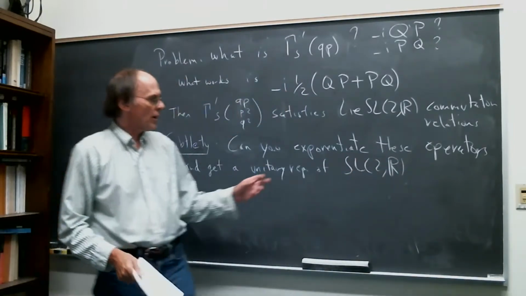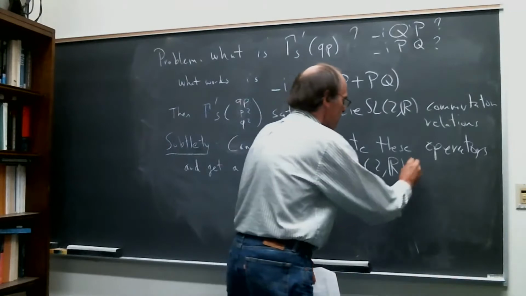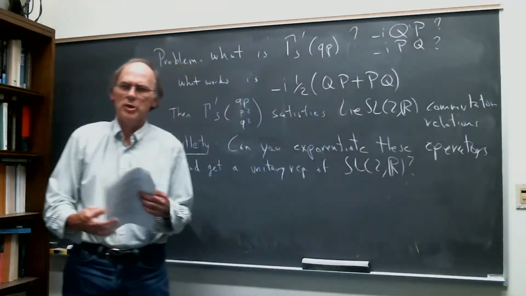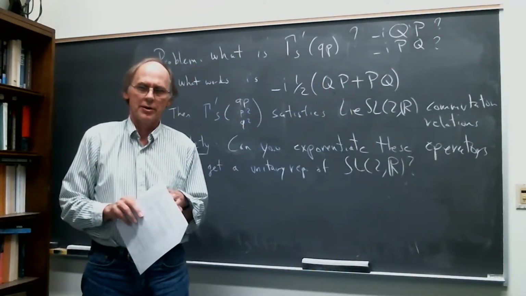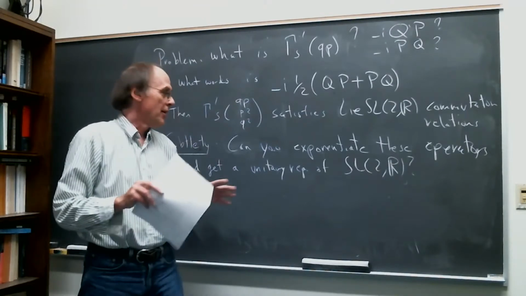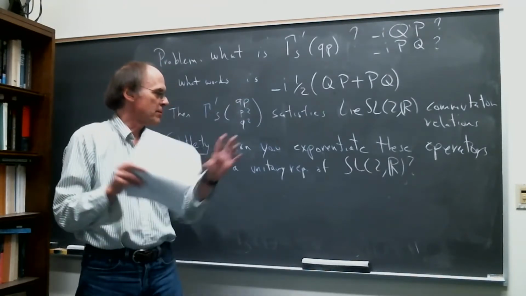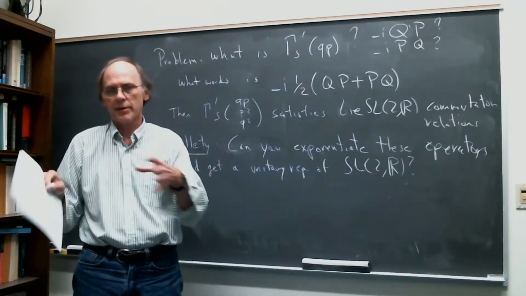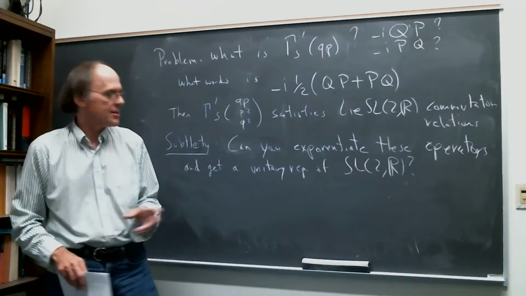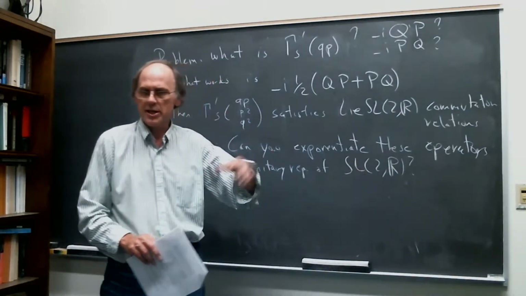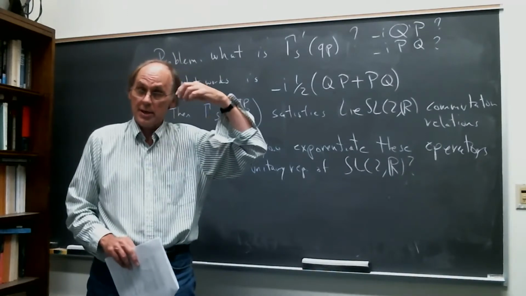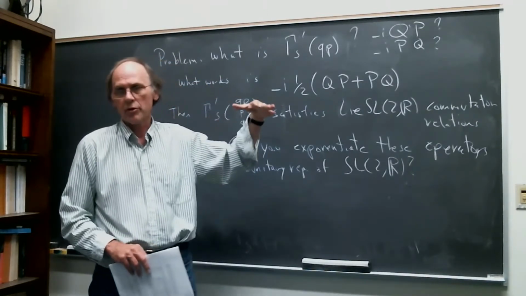So when you have a finite dimensional unitary representation of a Lie algebra, then it's just exponentiation of these finite dimensional matrices, and so you can always exponentiate and get a representation of the group.